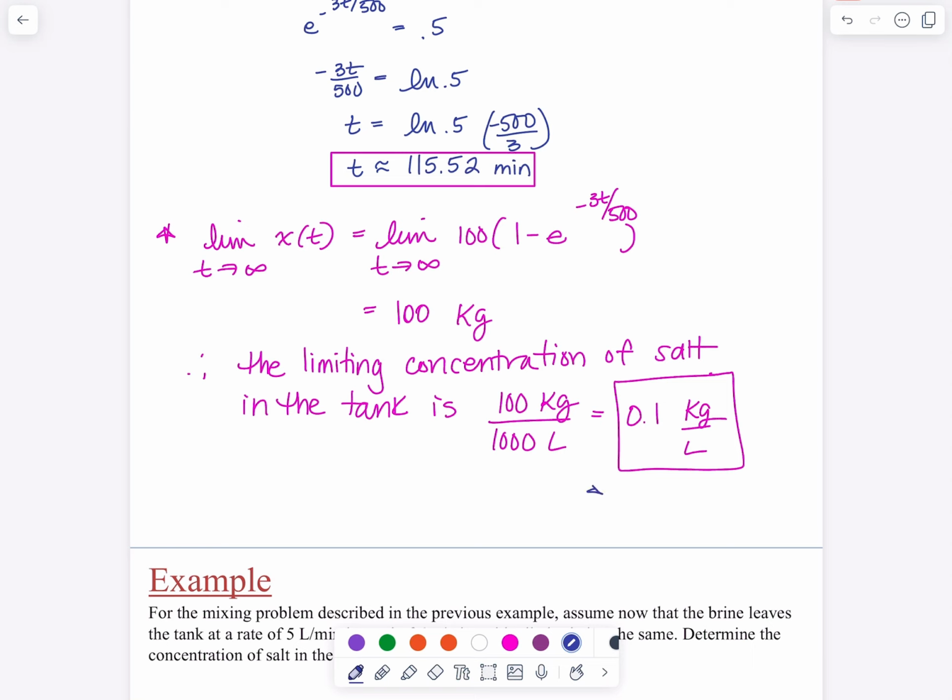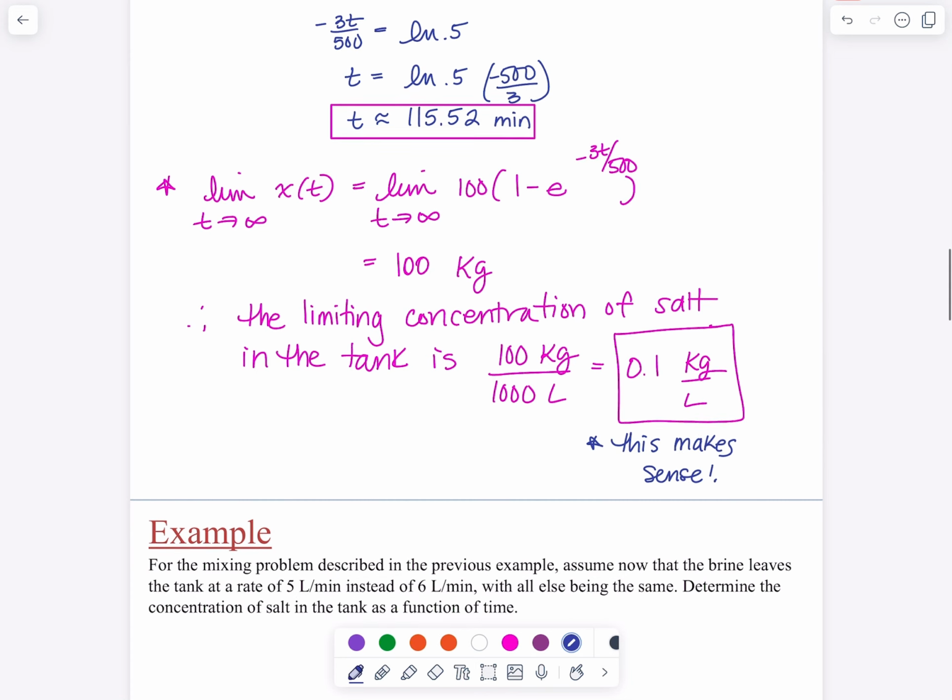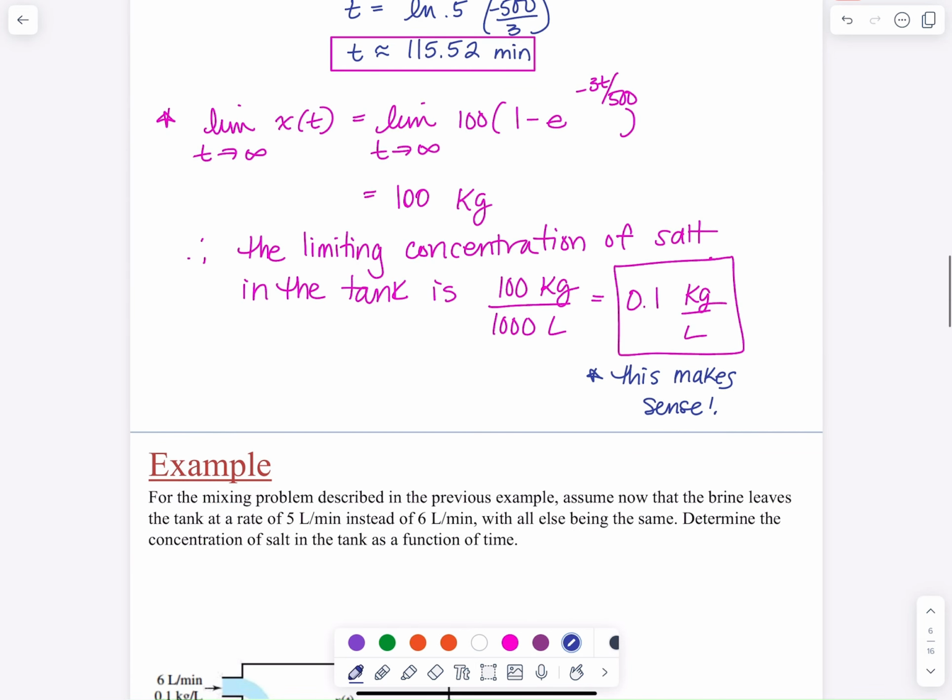And this makes sense. And why does that make sense? Because it's the same concentration of the salt in the brine flowing into the tank.